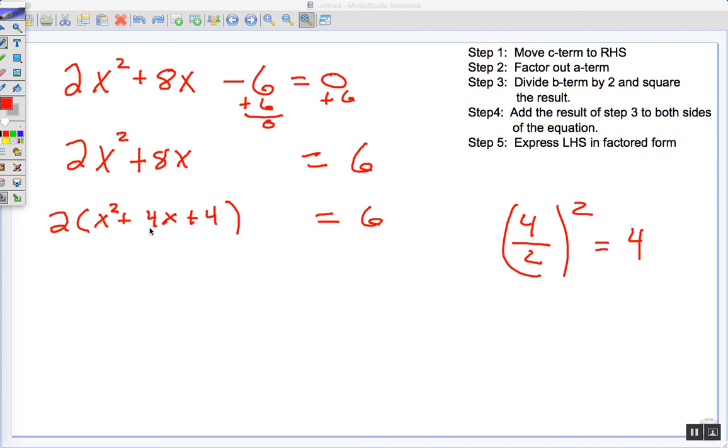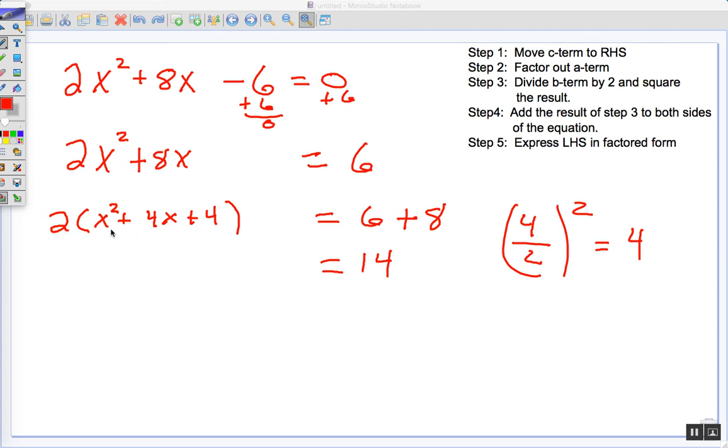I did not add 4, I added 8 because I have this factor of 2 here. So when I add this to the other side, I have to add 8, not just 4. If I had factored out a 3, I would have added 12. So whatever you are adding to this side, don't forget to multiply by whatever that a factor is. Okay, so that gives us 14.